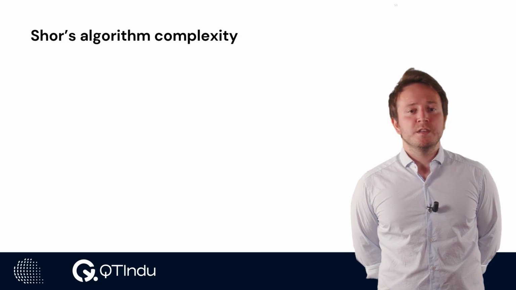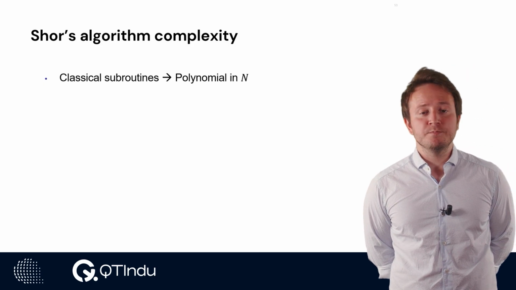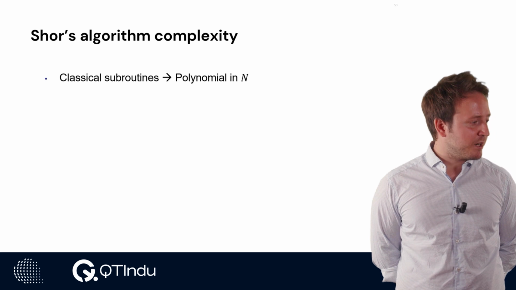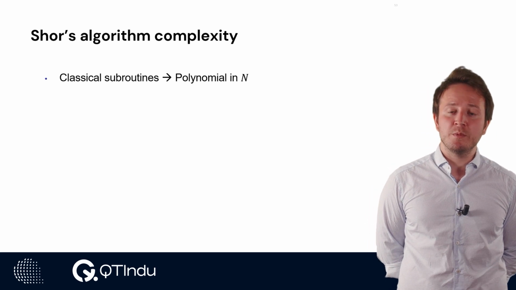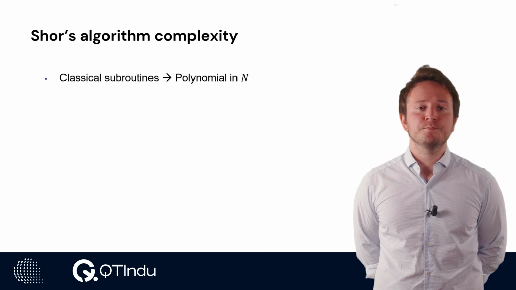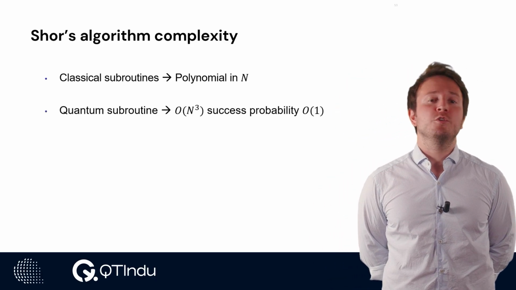What this means is that, in terms of complexity, the classical subroutines are efficiently done. So the first part of Shor's algorithm can be done polynomially in the size of the number to factorize. And the quantum subroutine is also polynomial.